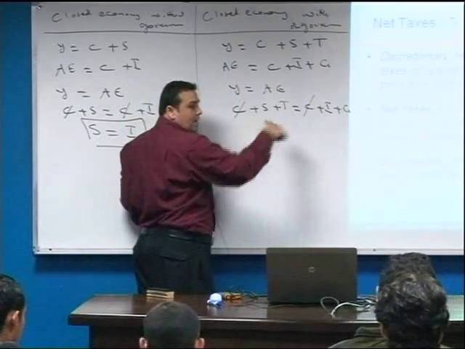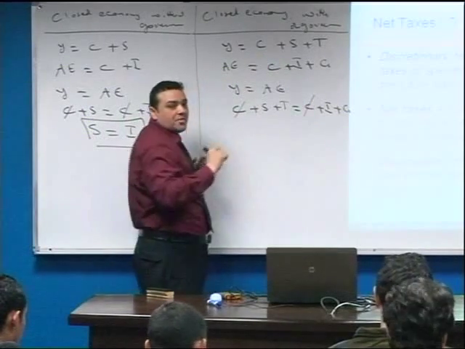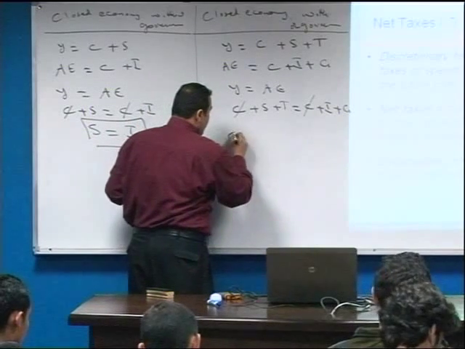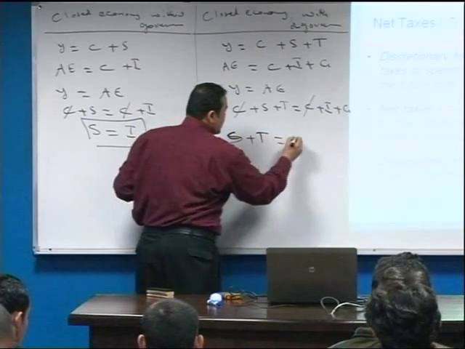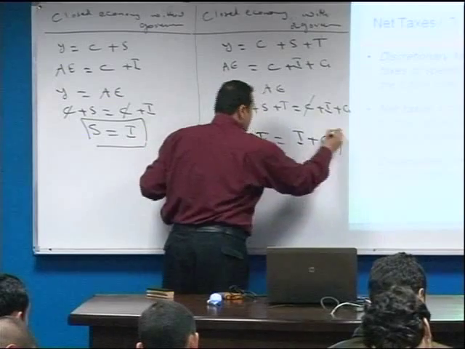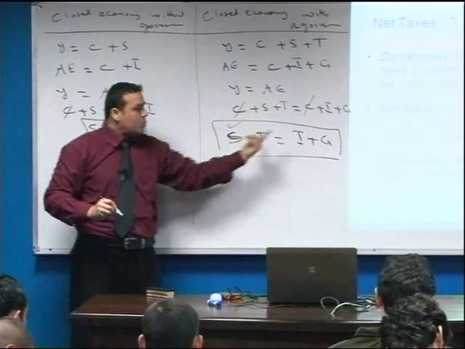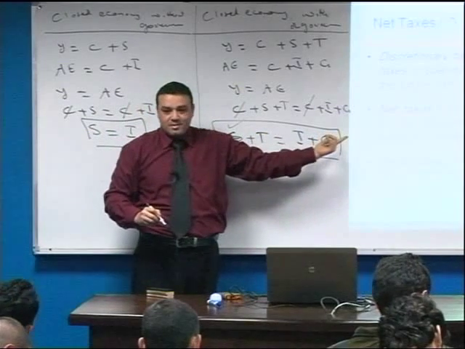So at equilibrium, in the closed economy with a government, S plus T equals I plus G, or the leakages equal the injections.